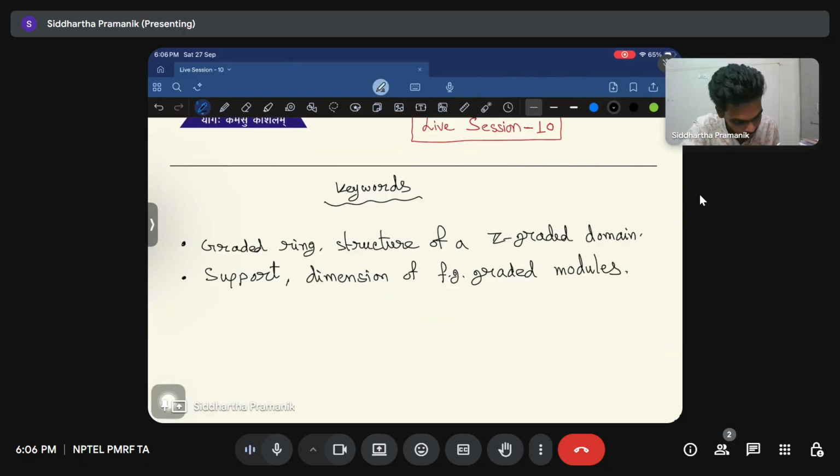And after that we studied the graded version of Nakayama's lemma, and we have seen some consequences of this graded version.